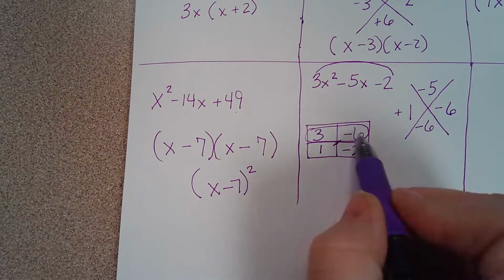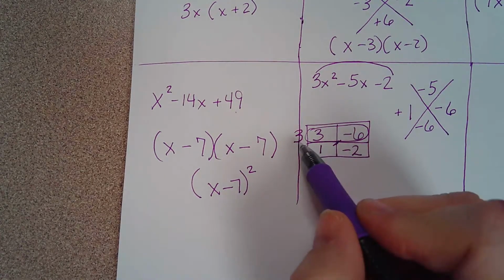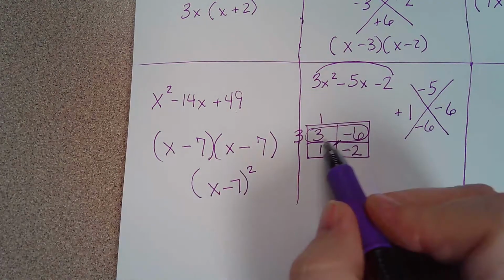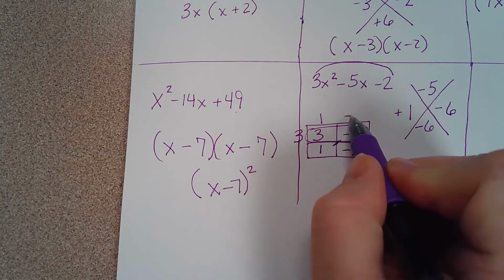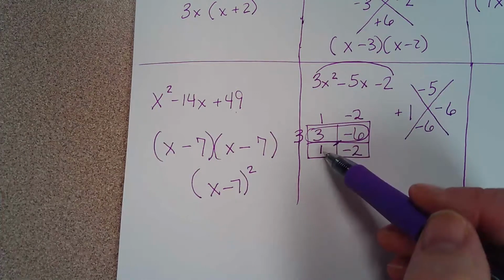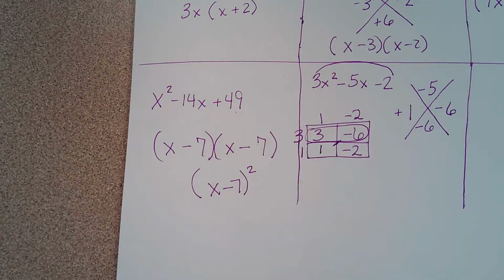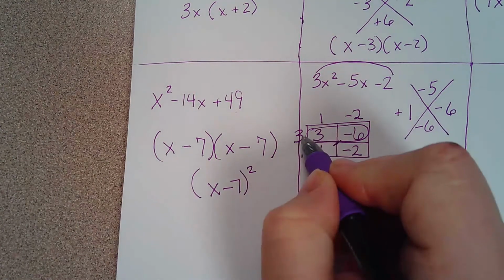Well, I can take out a 3. So 3 times what gives me 3? It's a 1. 3 divided into -6 is -2. Now I ask myself, 1 times what gives me 1? Well, it has to be 1. And then if we check ourselves, 1 times -2 is -2. So we have all the correct factors.